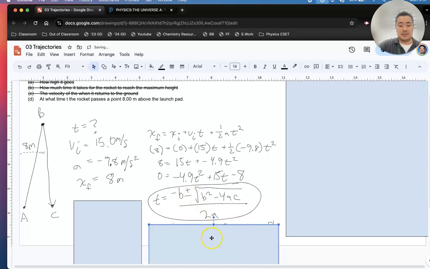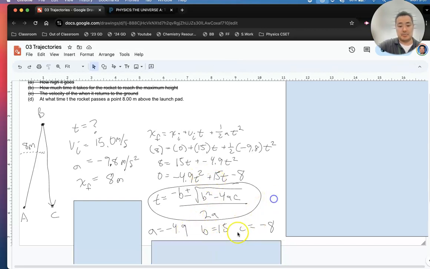Now the variables a, b, and c are going to be marked by the order they are listed. So first is negative 4.9 times the variable squared. Then we have 15 as b, because it's the coefficient of the next variable raised to the first power.